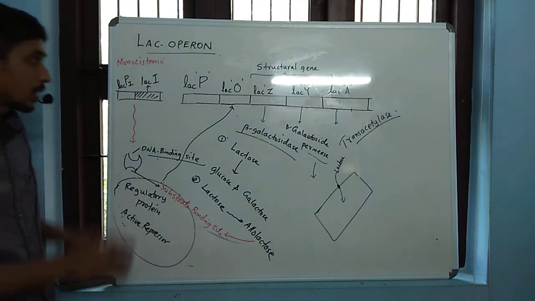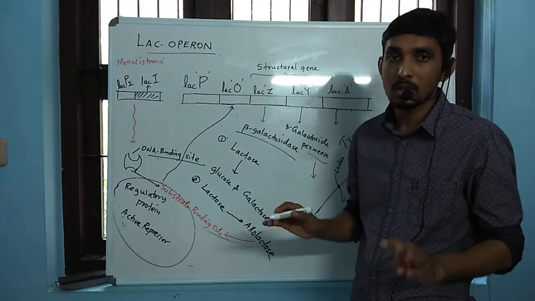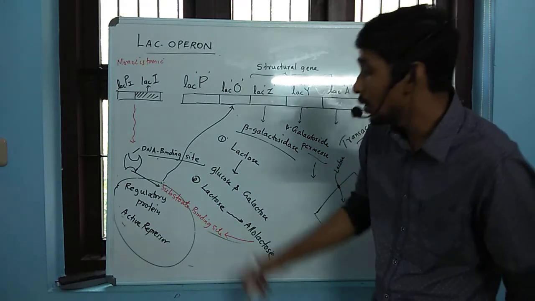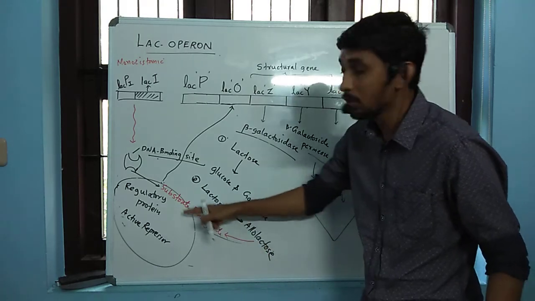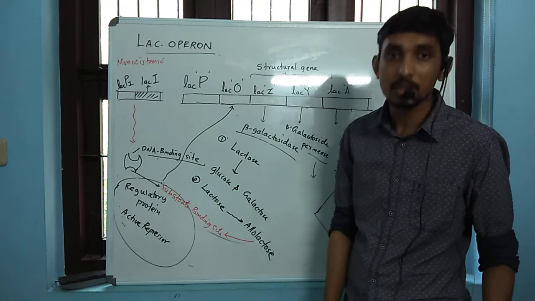And this lac operon is always off inside the bacterial cell due to the presence of an active repressor bound on the operator.